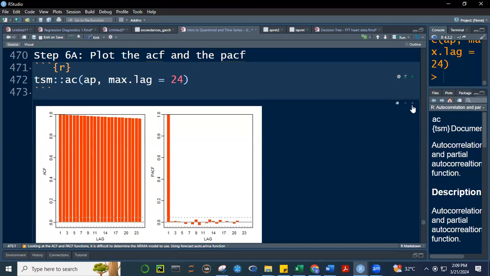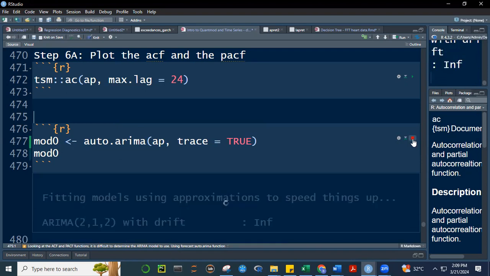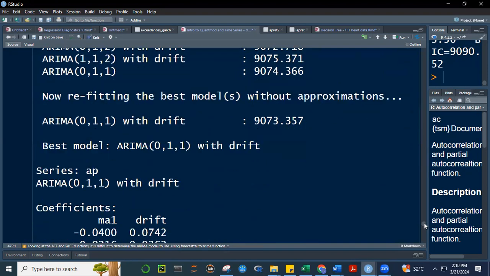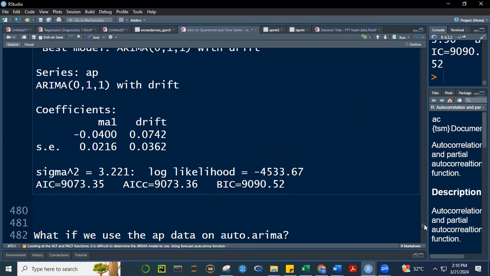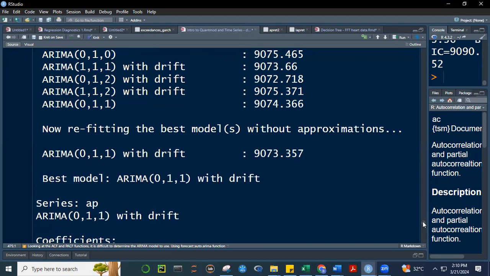Okay, so again, buti na lang, class, meron tayong ARIMA. Kasi sa ARIMA, siya na yung it will be the one to difference if there's a need to difference. And true enough, class, here, we were able to see that the model is with drift. It's an ARIMA 011.